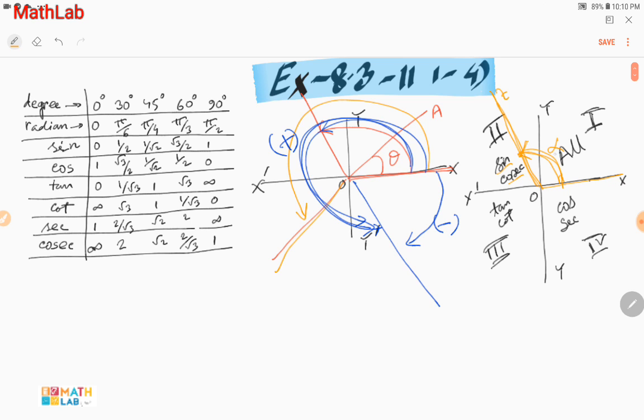Then for this alpha, sine alpha and cosec alpha are positive, and tan alpha, cot alpha, cos alpha, sec alpha are negative. So everyone must remember: in the first quadrant all trigonometric ratios are positive, in the second quadrant sine and cosec are positive, in the third quadrant tan and cot are positive, and in the fourth quadrant cos and sec are positive.